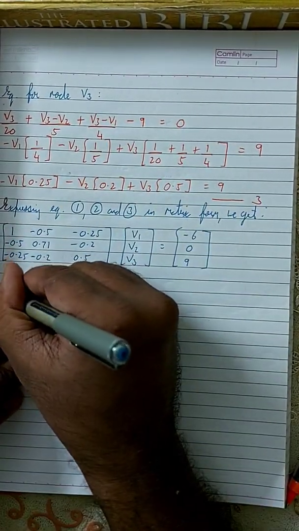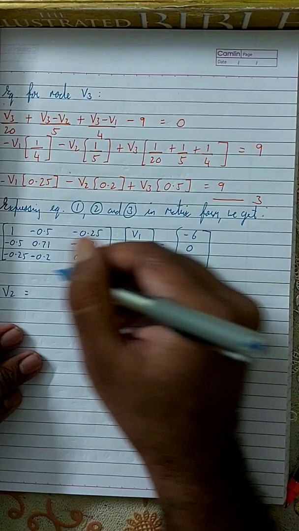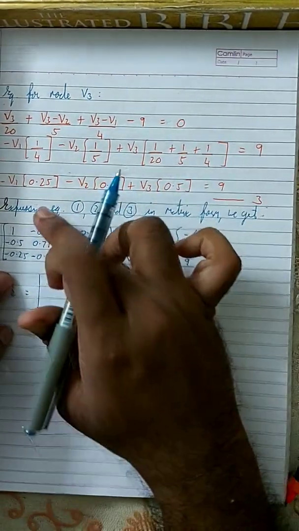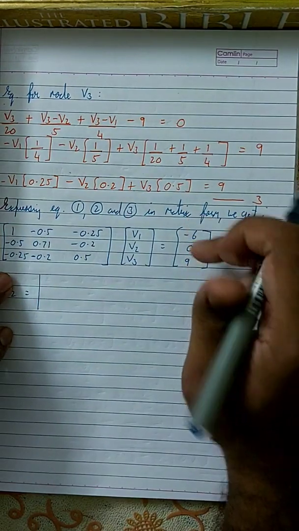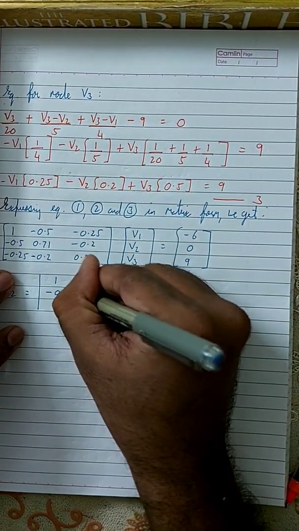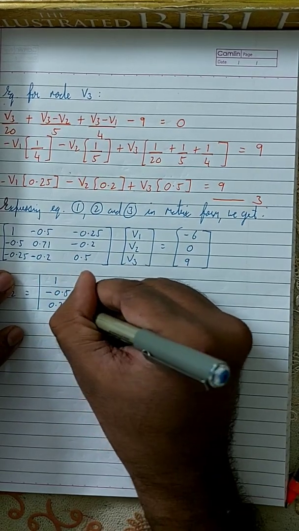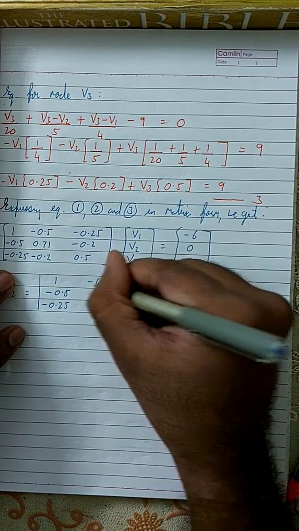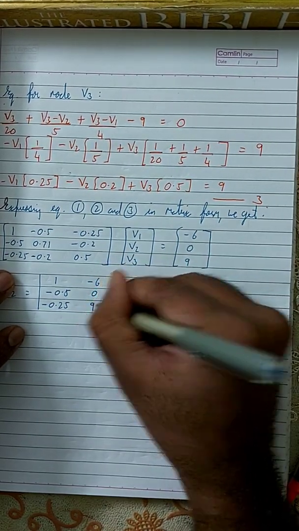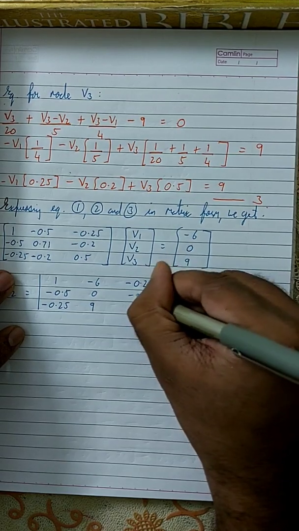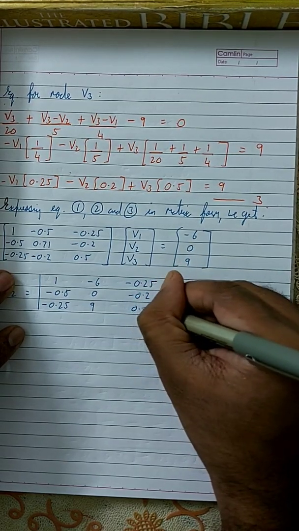So what is the equation for V2? V2 is equal to the determinant of, that means here the second column will be replaced by the constants. So it will be 1, minus 0.5, 0.25, minus 0.25, and here it will become minus 6, 0, 9, and here minus 0.25, minus 0.2, 0.5.